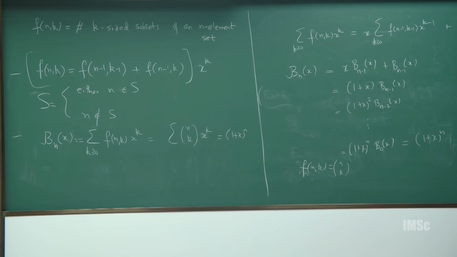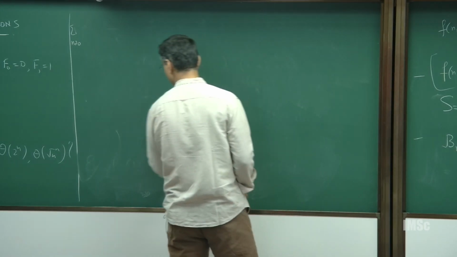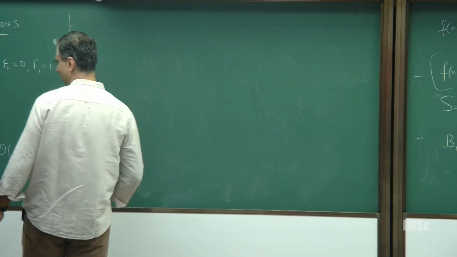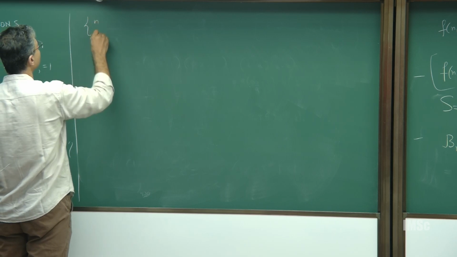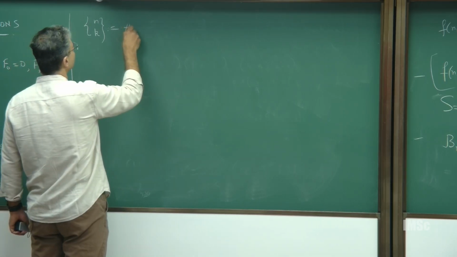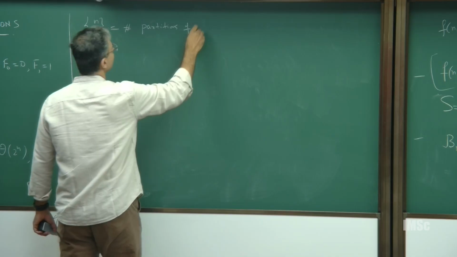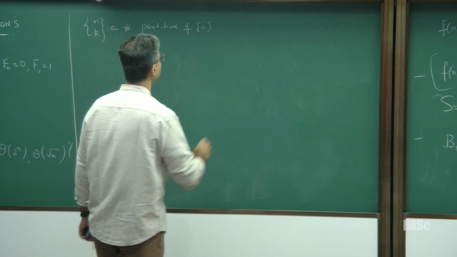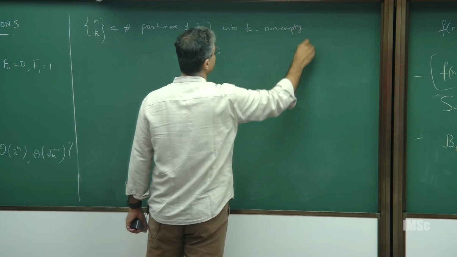Okay, let us continue this theme. Let us define n curly k as the number of partitions of a set of size n into k non-empty disjoint sets.